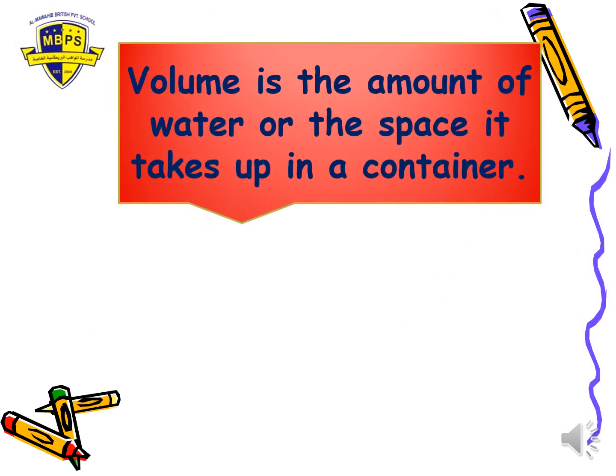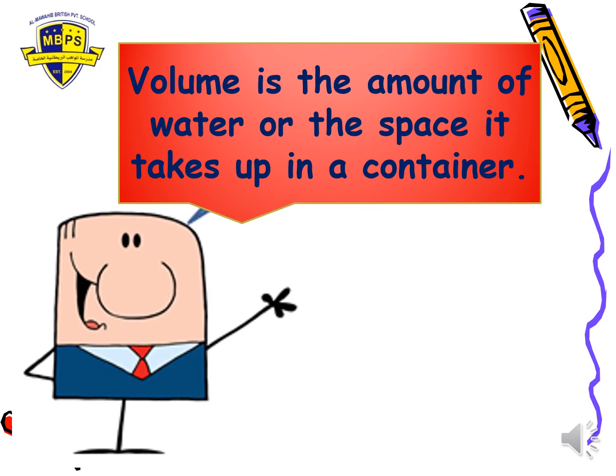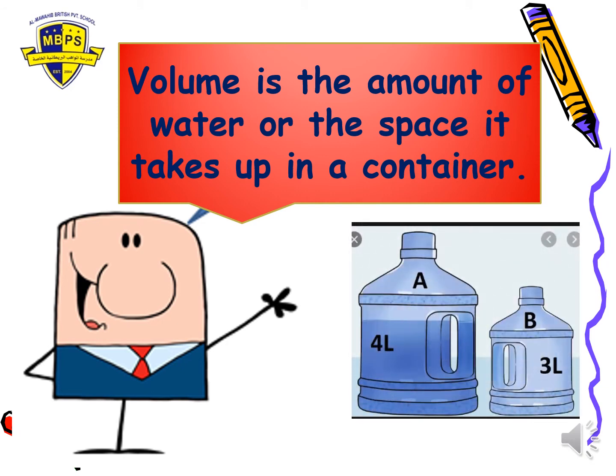We discovered the meaning of capacity. Now let's discover the meaning of volume. Volume is the amount of water or the space it takes up in a container. I have two containers here, container A and container B. On container A, it's written 4 liters.